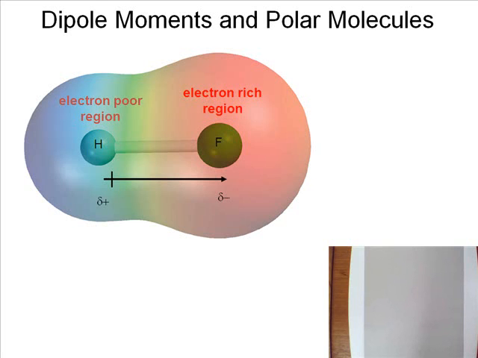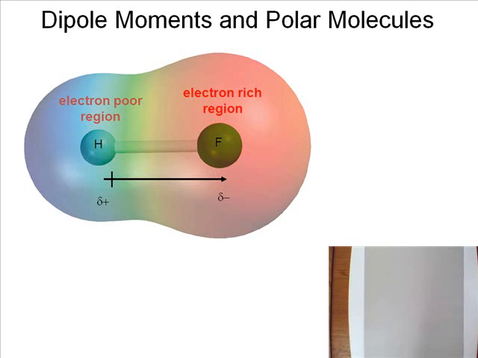We symbolize this by having that unusual looking diagram or symbol which represents polarity, and you'll notice that the fluorine has the polar negative label, and then the other side is the polar positive.